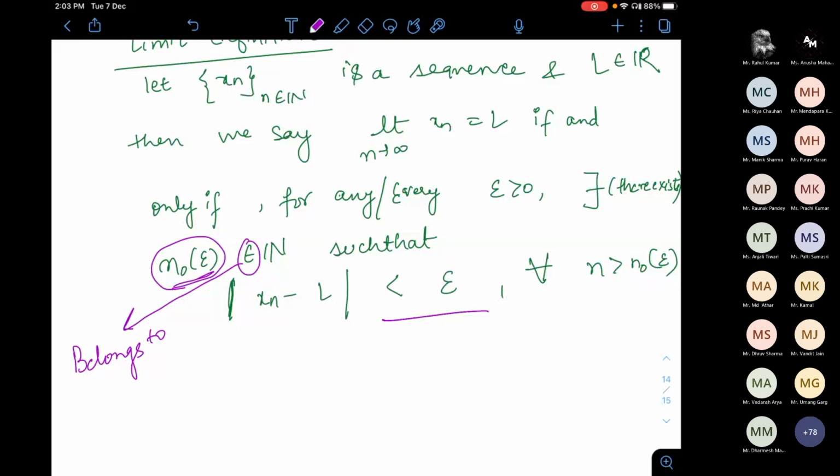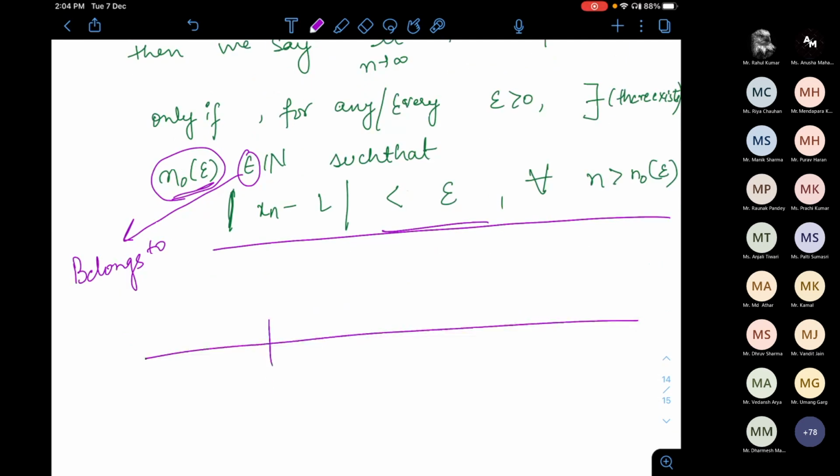How do you read this in English? The difference between the sequence and the limit is less than epsilon after a certain stage.